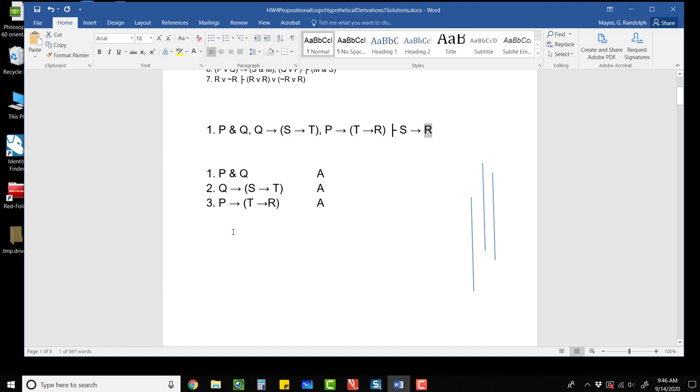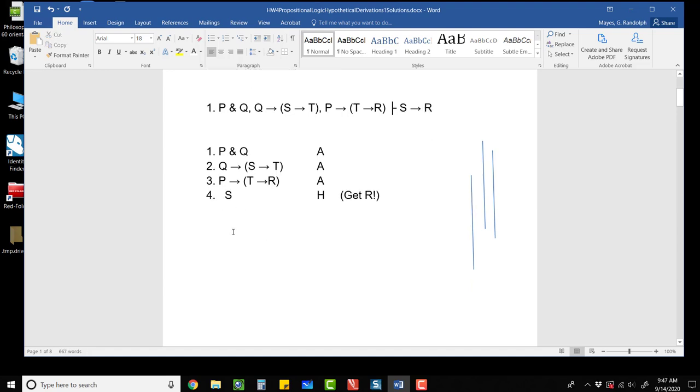Okay, so the first few inferences are going to look like this, or at least they could look like this. Suppose because you were very anxious to get started on a conditional introduction, you just immediately hypothesized S. That's okay, and you're going to get it done.